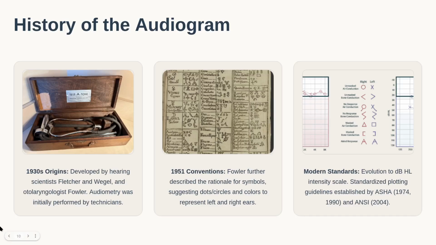Today we rely on standardized plotting guidelines established by ASHA and ANSI to ensure consistency across the profession, but there's no worldwide standard. We still see differences around the world, and even in some areas there are differences across clinics, like sound field measures, for example.